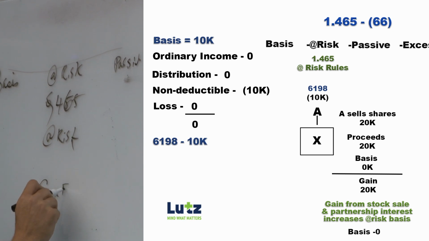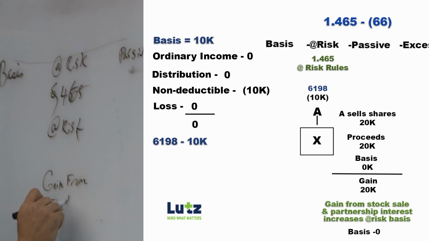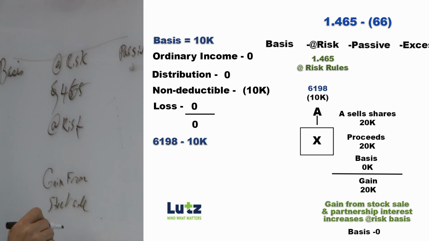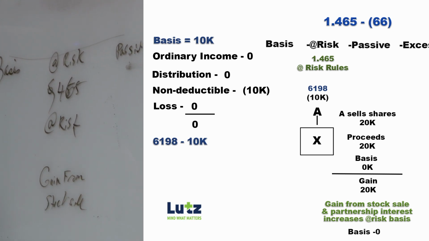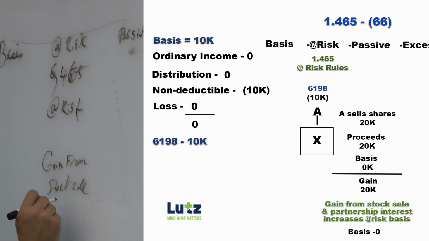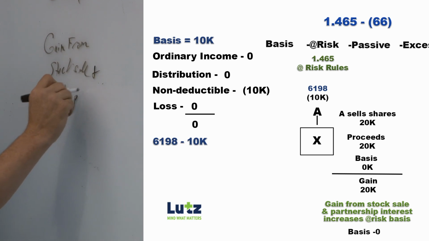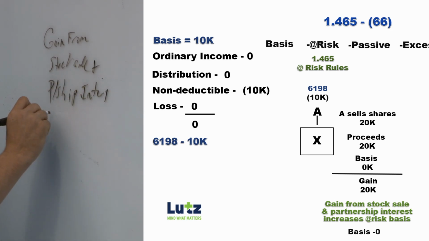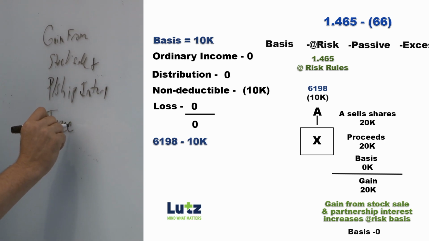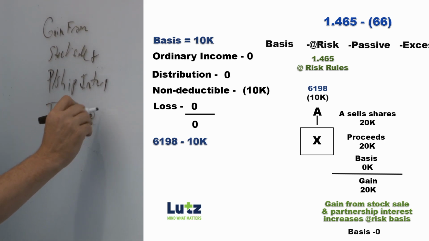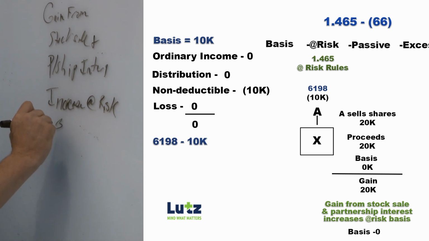So under 1.465-66, it says the gain from stock sale, and more importantly, Sam, and partnership interest increases at-risk basis.